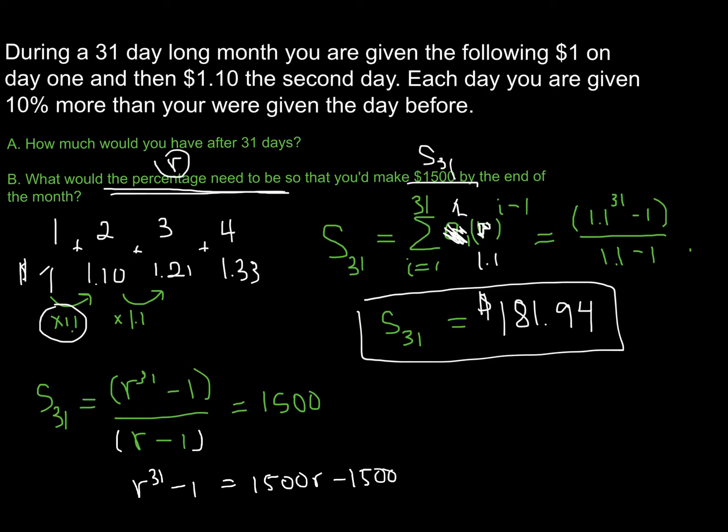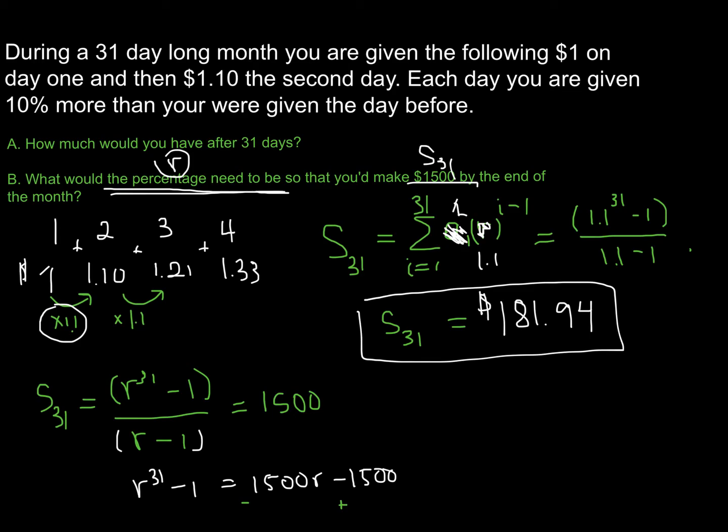Now you have this 31-degree polynomial, and if I set the polynomial equal to 0, then I could graph the function and see where it intersects the x-axis. So you'd end up subtracting and adding to both sides.